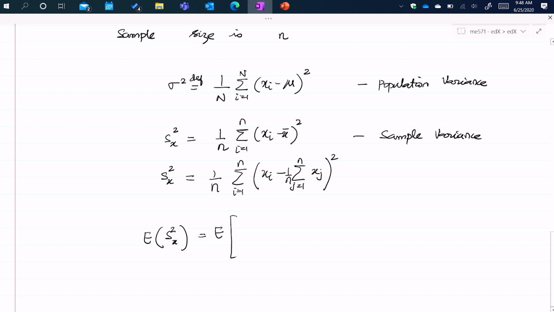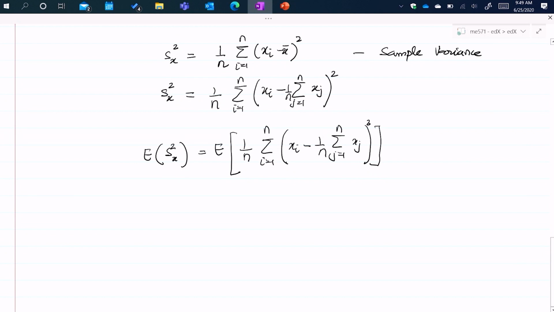So now I can write this as the expected value of 1 over n summation i going from 1 to n of xi minus 1 over n summation j going from 1 to n of xj, and this whole squared.